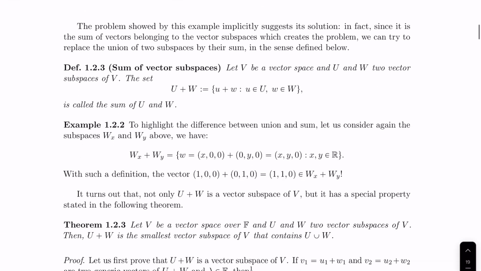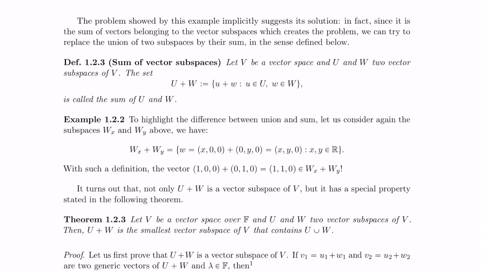Consider two vector subspaces U and W of a vector space V, then their sum, as it is written here, is given by all the vectors which can be written as sum of a vector belonging to U and a vector belonging to W. To have an example, consider again the vector subspaces Wx and Wy that we have just discussed.